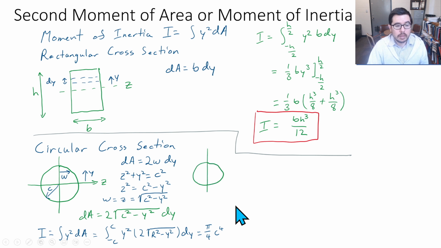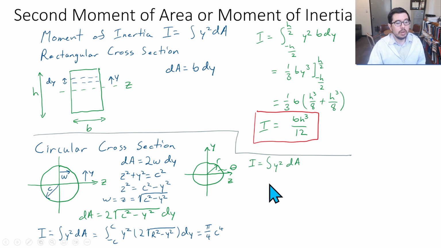Now, another way is to think of this system in polar coordinates. So we have r as the radius, okay? Theta is some angle with this, actually the z-axis here. And we have our integral y squared dA. Well, what is y equal to?